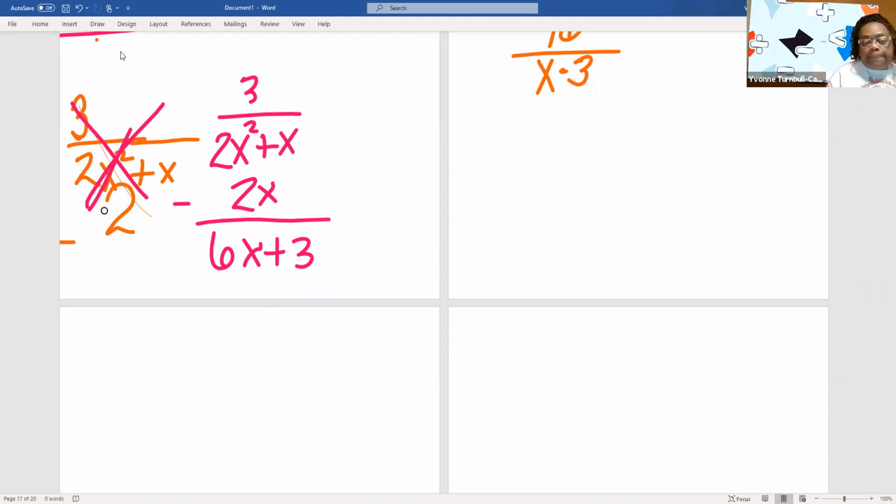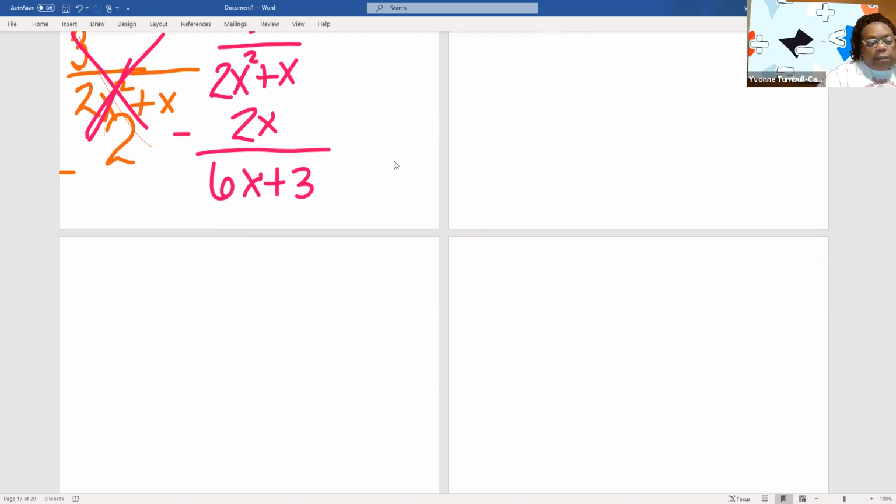So let's do that. So 3 over, I'm going to factor out an x, leaving me with 2 plus x. I'm going to check before I go on. 2 times x is 2x squared.